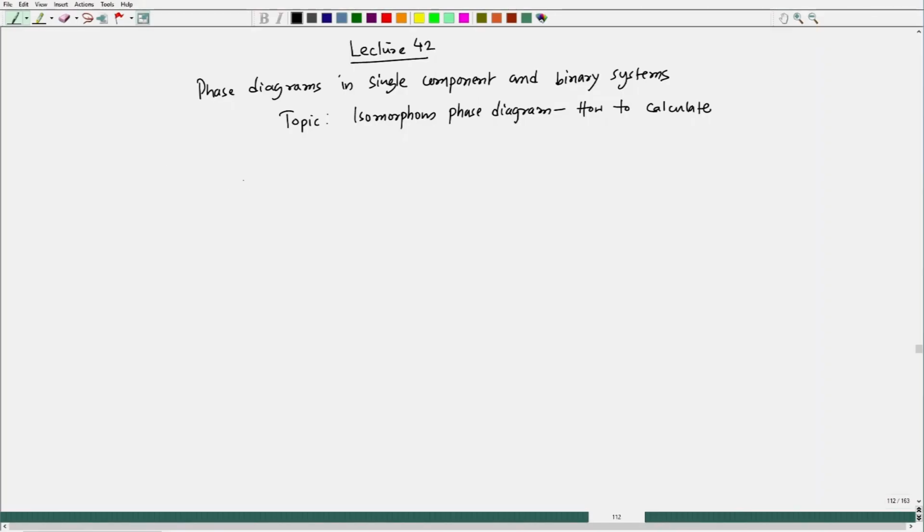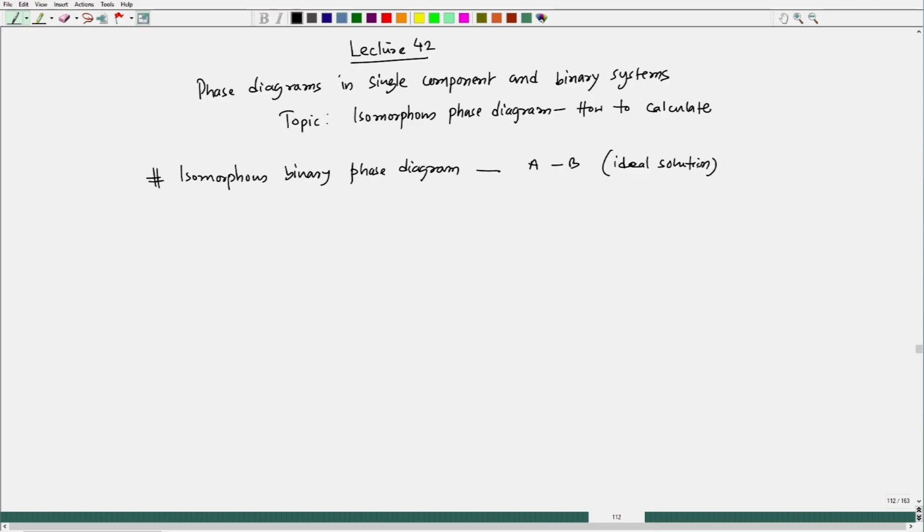Now, if I check how we have done it, if you look at the basic equations we have got, and of course, this is an isomorphous binary phase diagram, and there we are doing it for A and B, two metals forming an ideal solution.